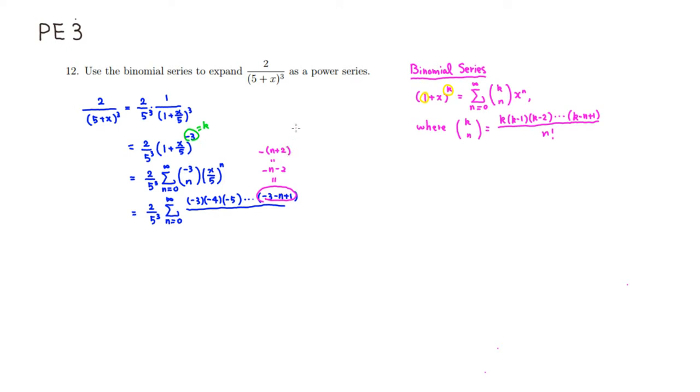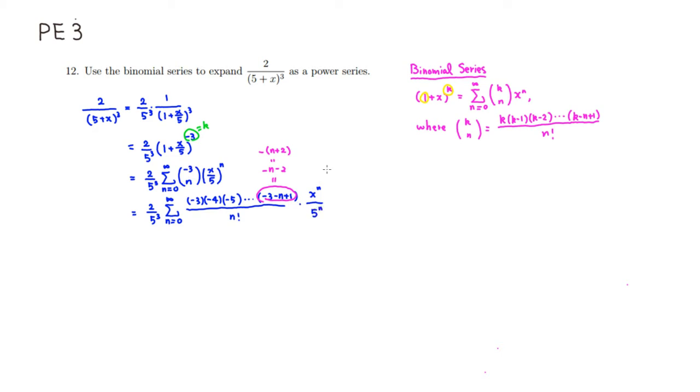Then you have n factorial on the bottom. Then you have x to the n on top, and on the bottom you have 5 to the n.